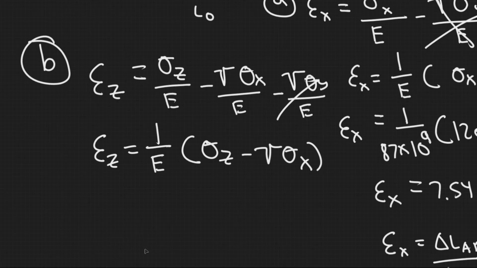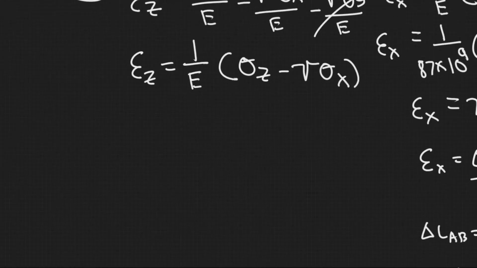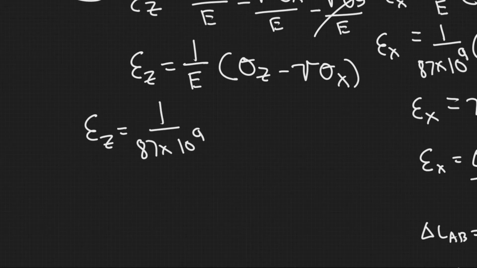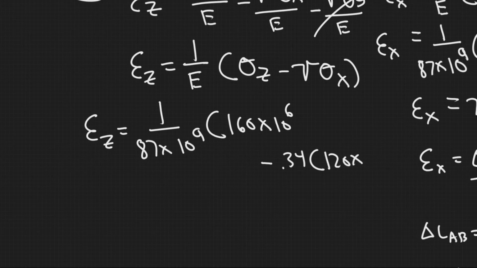So now it's just a matter of plugging it in. So once again, it's 87 times 10 to the 9. That's our value of our elastic modulus. Plugging in sigma z, 160 times 10 to the 6. This is going to be minus 0.34 times 120 times 10 to the 6.